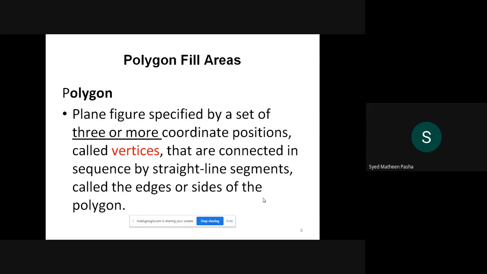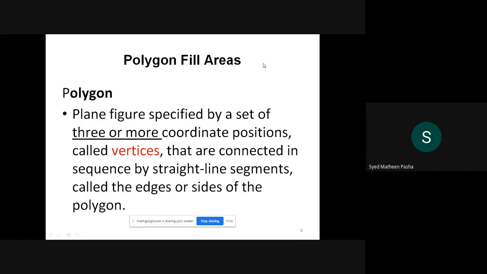Then we'll move on to the next topic, polygon fill areas. Before moving on to polygon fill areas, we'll check what a polygon is. A polygon is nothing but a plane figure which is specified by a set of 3 or more coordinate positions called vertices. A polygon should have a minimum of 3 vertices, and the maximum might increase with respect to the object you want to display.